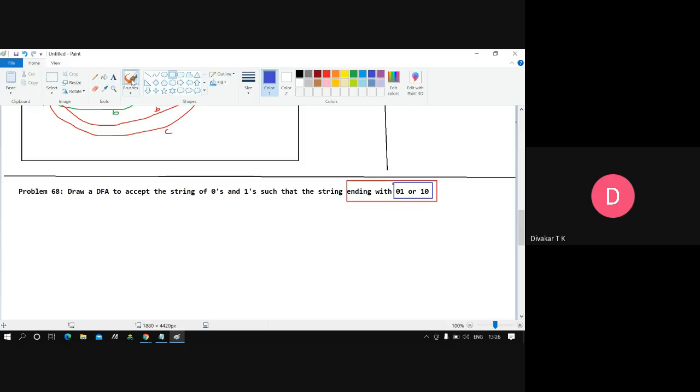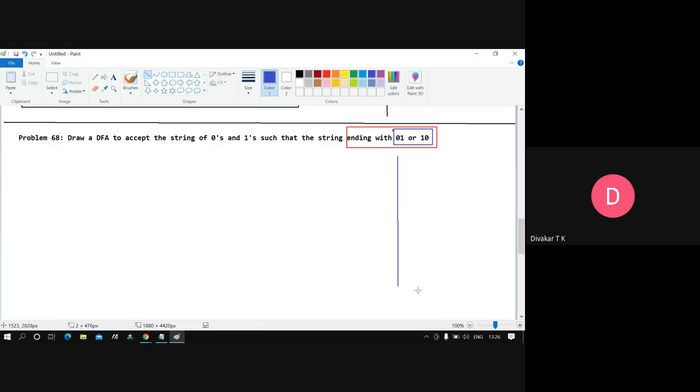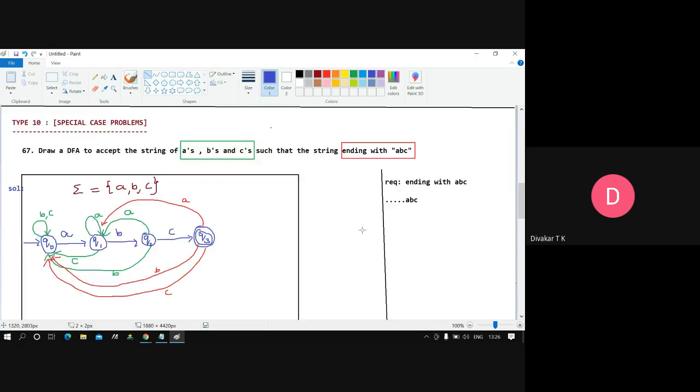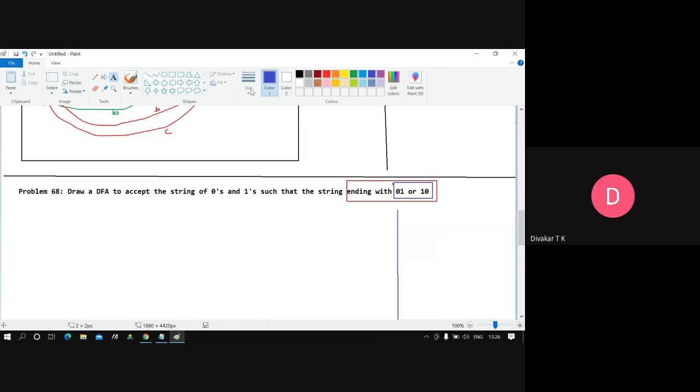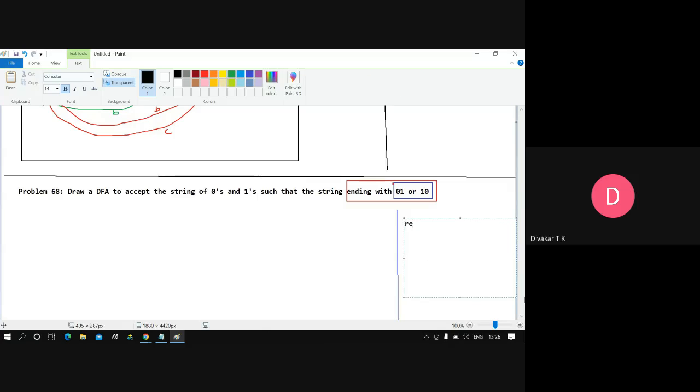If this kind of problem is given, this is a special case of problems. Now I'll write the requirement part here. What is the requirement? Two sets of requirements: one is 0 1, or it is 1 0. It should end with 0 1 or 1 0. But both should be satisfied.